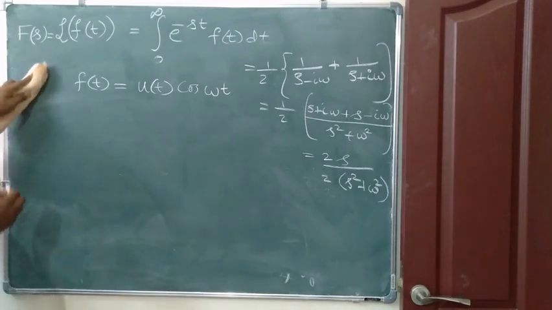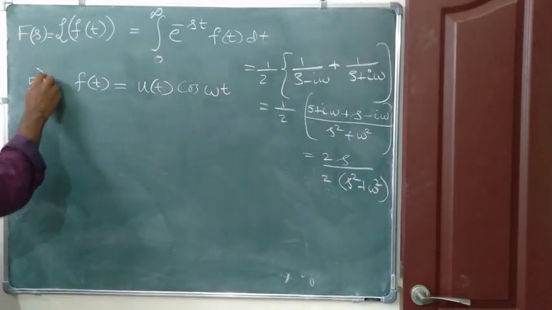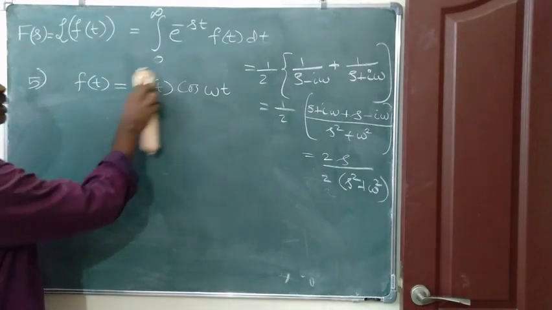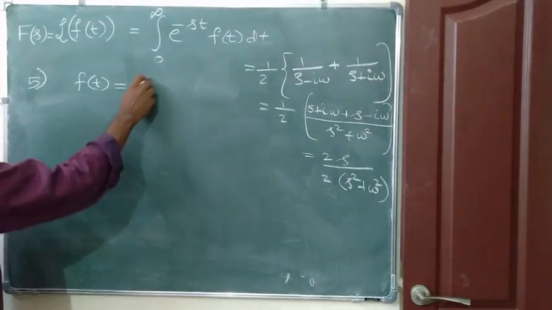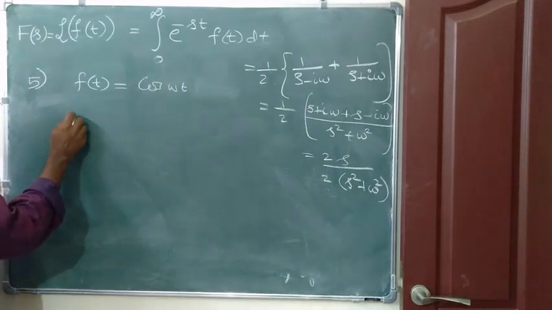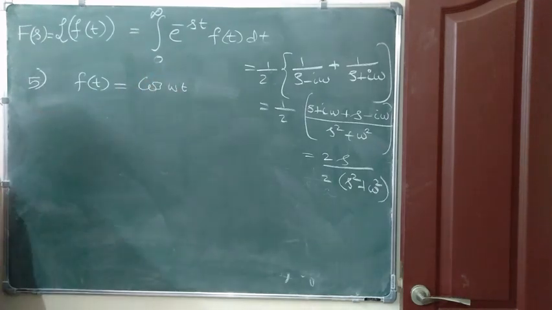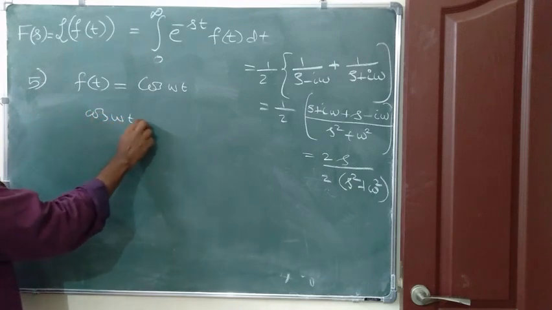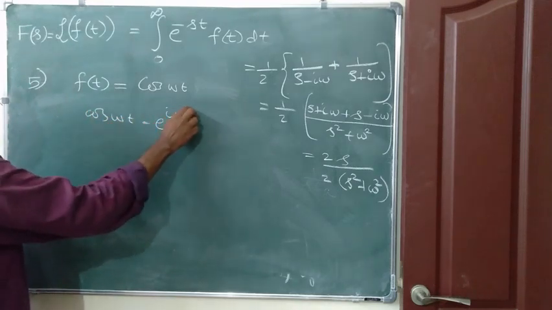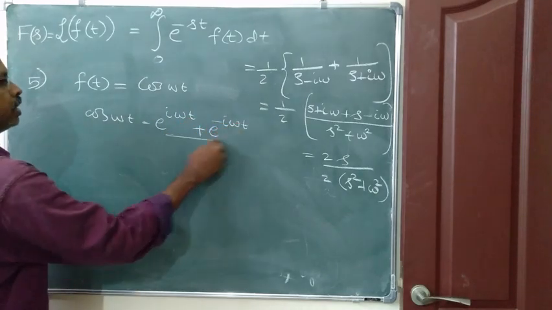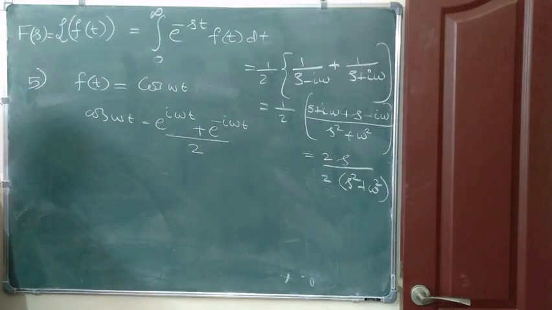The next function that we will consider is f(t) equal to u(t) cos omega t, or we will simply write it as cos omega t. Now, proceeding as in the case of sin omega t, we can write cos omega t as equal to e raised to i omega t plus e to the power minus i omega t divided by 2.